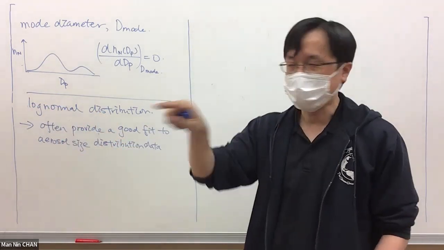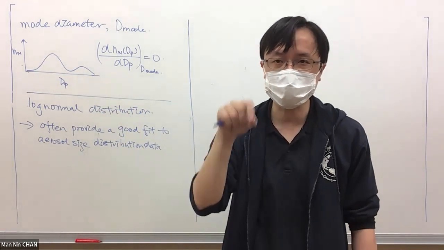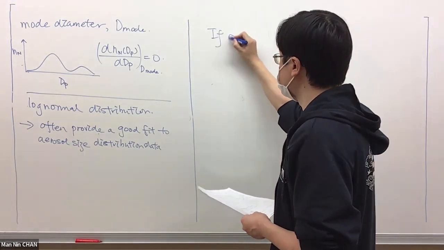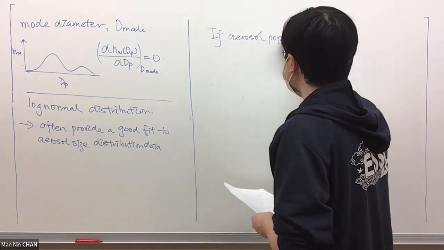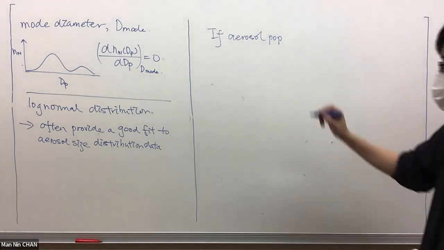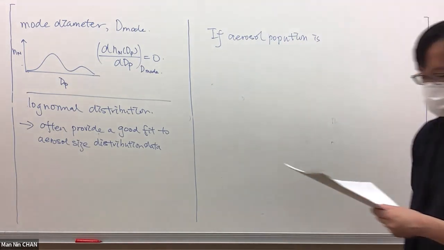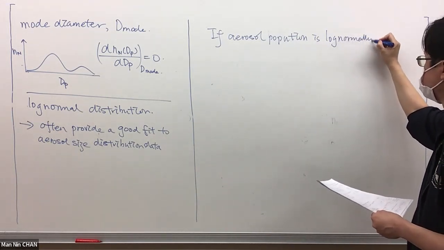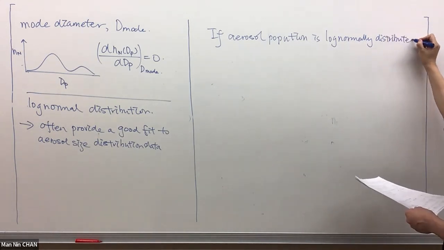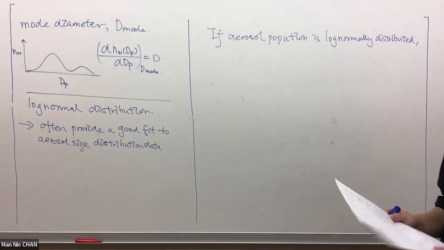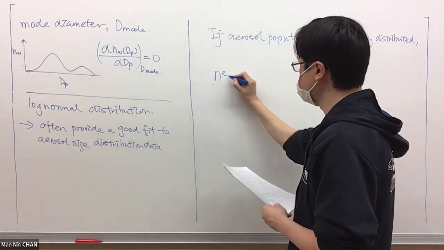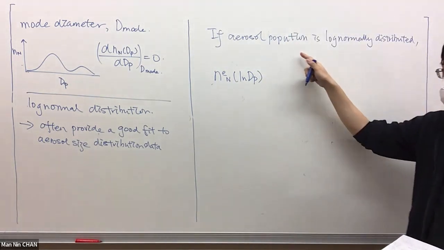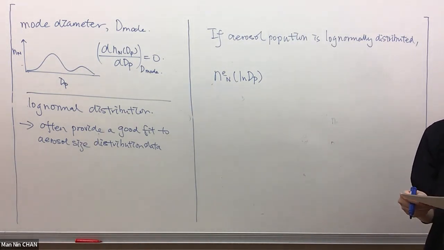The log means that if you look at the x-axis here, we are talking about the log scale. So let's say your aerosol population is log normally distributed.